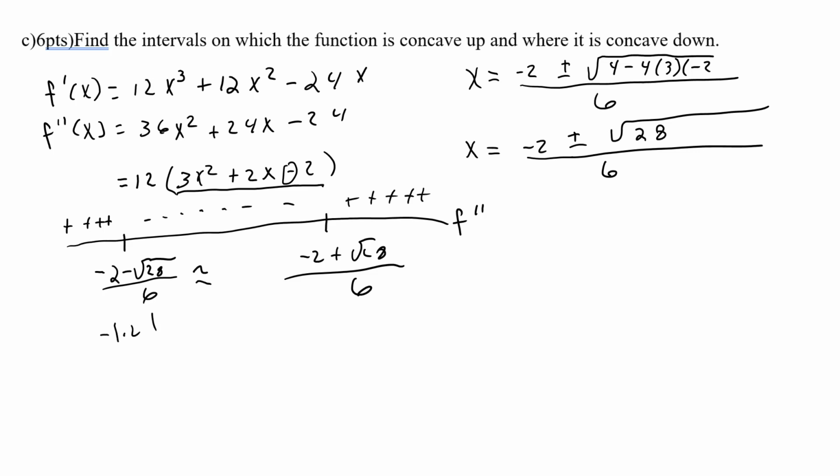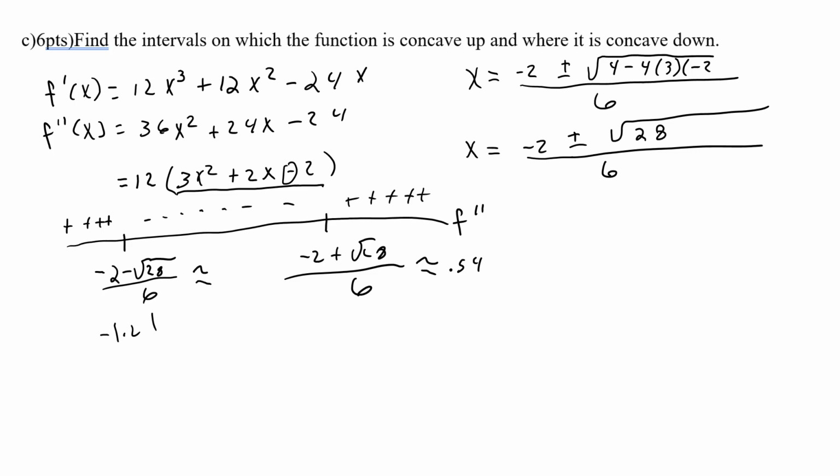And when you have the plus, you get positive 0.54. And so then you could pick something less than -1, like -2. You could pick something in between, like 0. And then you could pick something bigger than 0.54, like 1. And you can get your sign chart that way. But you should be familiar with what the graph of a quadratic function looks like. And that's what you get right there.